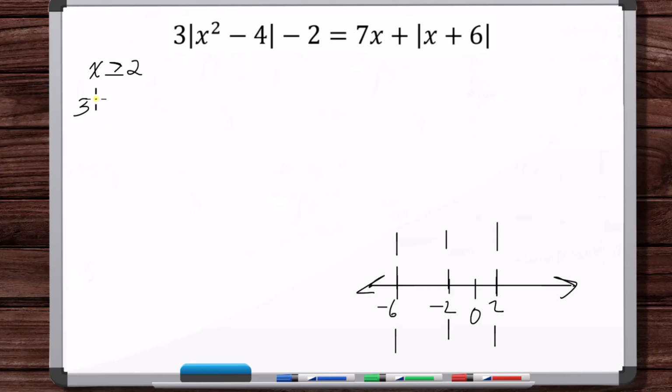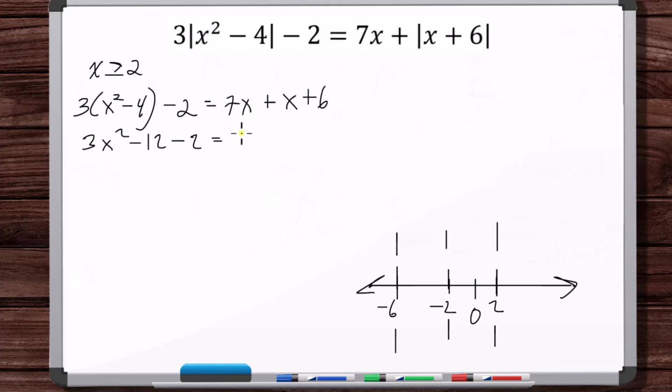So, okay, we just remove this absolute value, and we just remove this absolute value. So 3x squared minus 12 minus 2, 7x plus x is 8x, 3x squared minus 14.